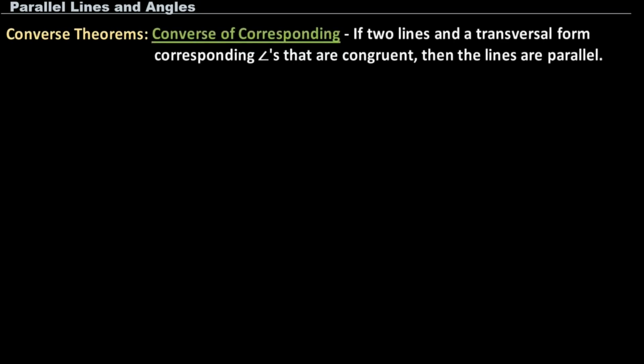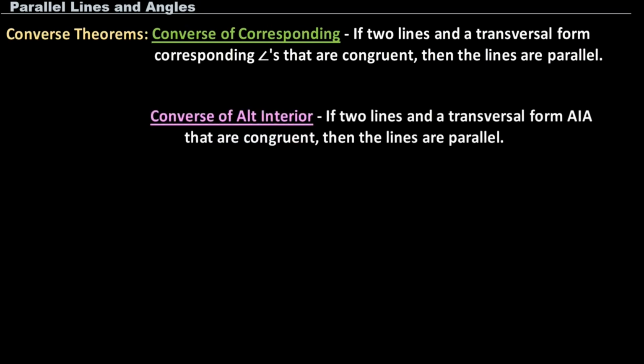So all of that is ways that we can work with parallel lines cut by transversals. What if we don't know that they're parallel lines, but we know some stuff about them? That's where we go in the reverse. So the converse theorems: converse corresponding, if you have two lines and a transversal and the corresponding angles are congruent to each other, then the lines must be parallel to each other.